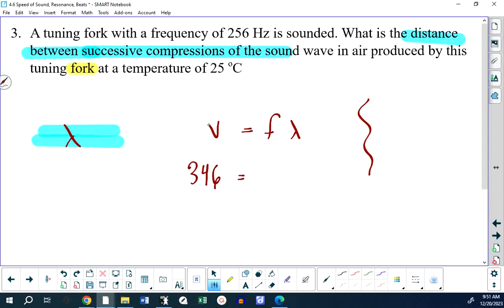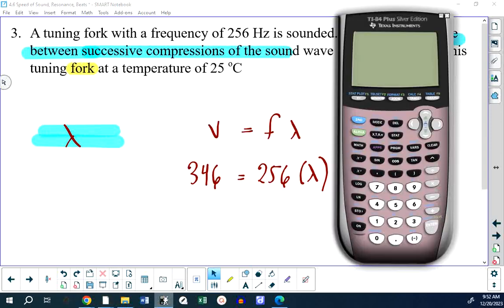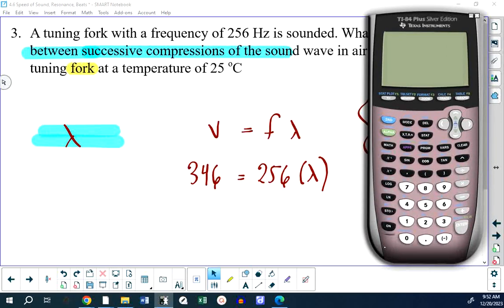The frequency is 256 hertz. And we'll talk about what that means in terms of the physical tuning fork in a second. So all we have to do is divide those two, and we'll get the wavelength. So about 1.35 meters.